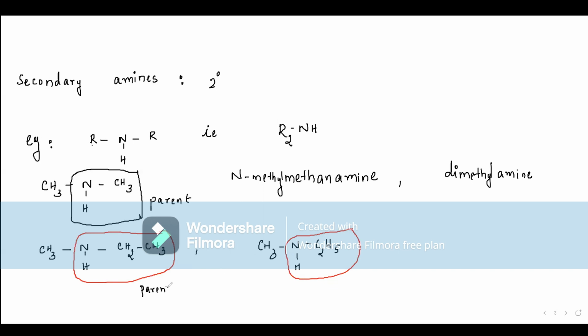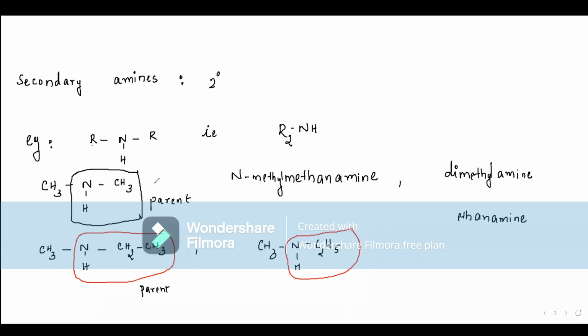Now, what is the name of the parent? In the parent, the IUPAC name will be, two carbons are there, therefore, eth, amine. So I'm repeating once again that whether it is NH2 or NH, the name is amine itself. So in IUPAC, the parent's name is ethanamine.